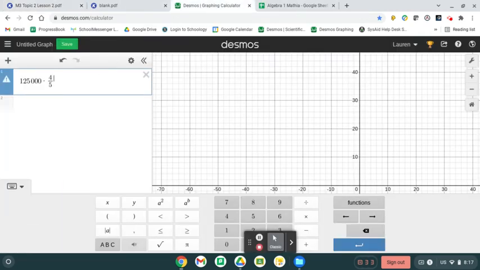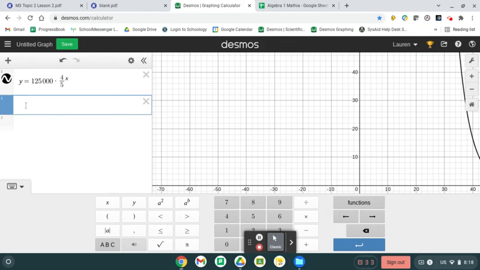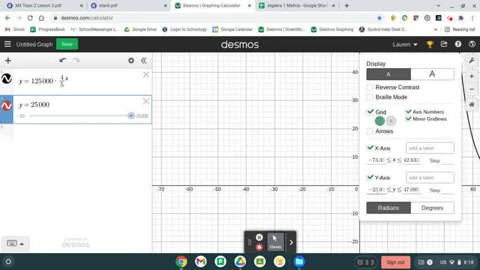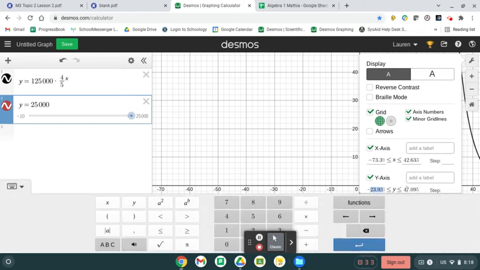So change this to an x. Oops. Y equals, and obviously that can be f of x too, as we know. Y equals 25,000. Excuse me. Let me change this.